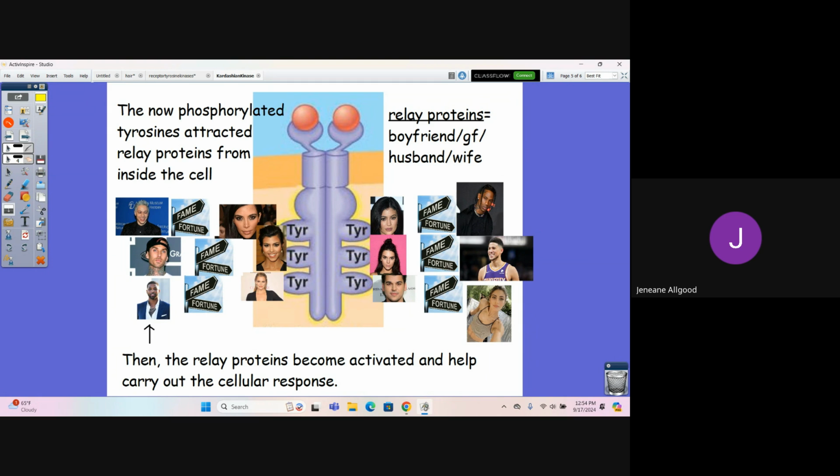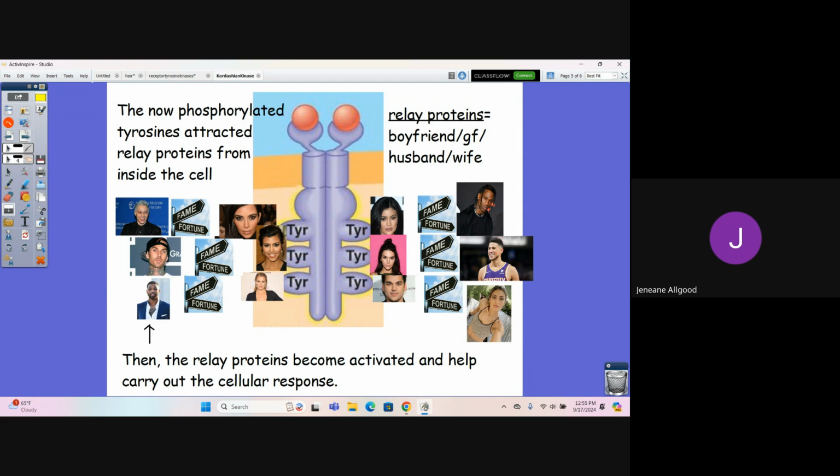She has children by him, but he's kind of the definition of what happens next, which is that now these tyrosines are phosphorylated, and remember the phosphorylation is the fame and fortune, that's going to attract these relay proteins. Some of them, I'm sure it's pure fairy tale love. Some of it, like with Scott Disick, I think was a little opportunistic because he wanted fame and fortune too. So them being phosphorylated drew in these relay proteins.